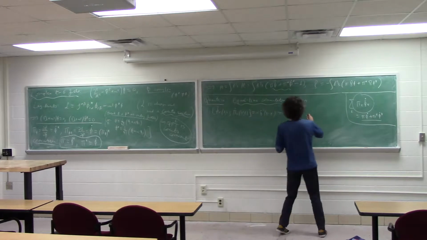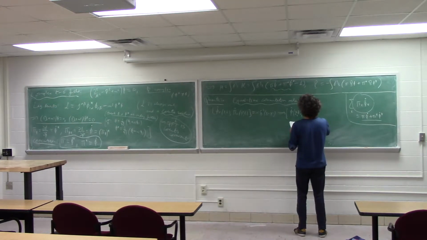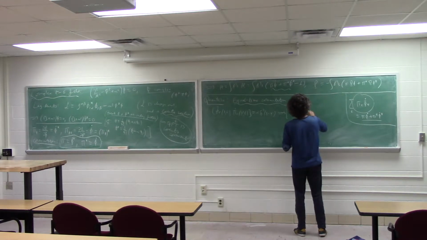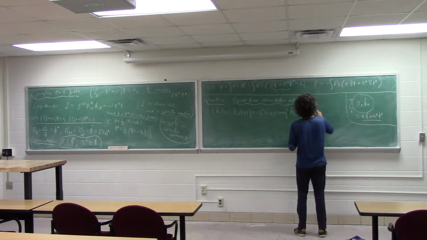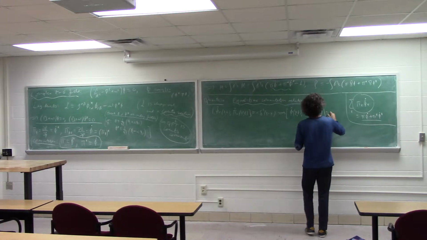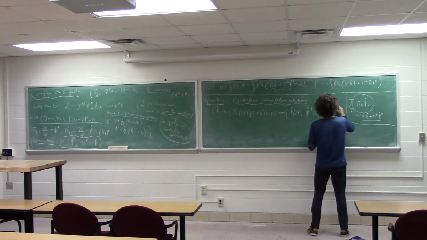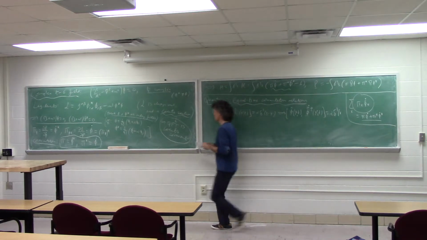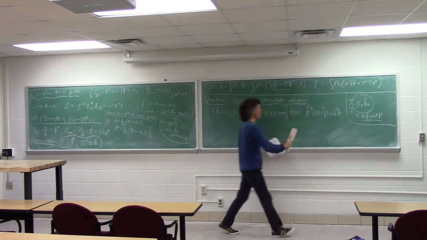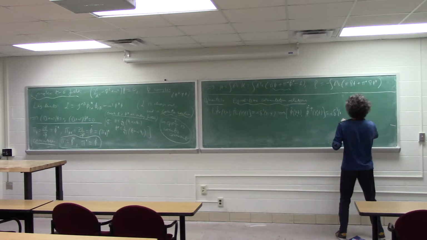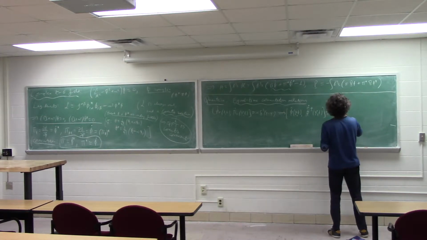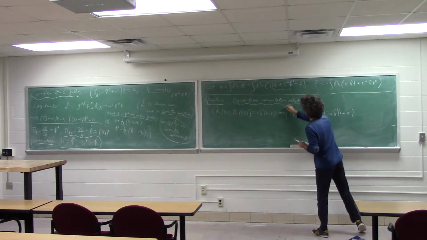So we've got the commutator of phi hat x t with phi hat dot dagger x prime t, equal to i delta 3 of x minus x prime.